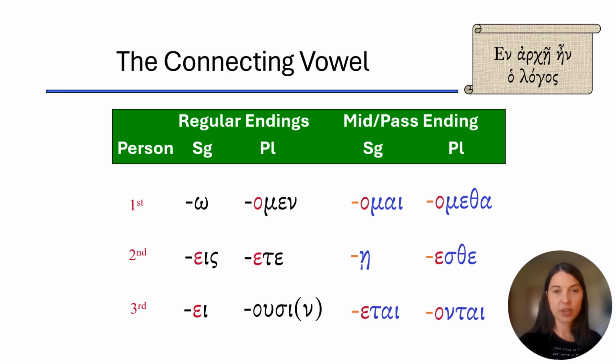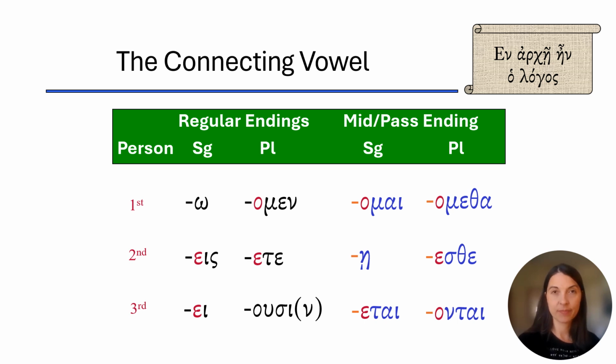In the first person, you're going to have the omicron, which gets absorbed into the omega. In the second and third singular, you're going to have that epsilon. However, when you move over to the middle passive second singular, you're going to see that epsilon becomes an eta and iota subscript.